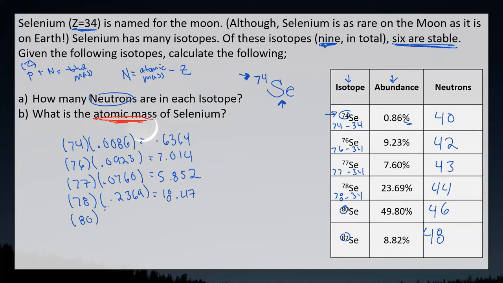80 is our largest contributor. Almost half of all selenium is the 80 isotope. And we get 39.84. And then 82 times 0.0882, 7.23.